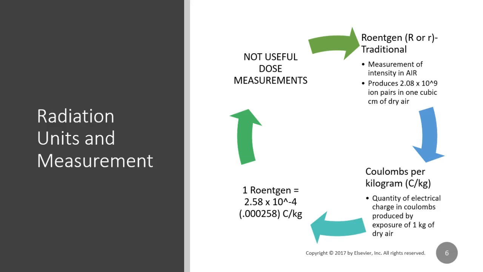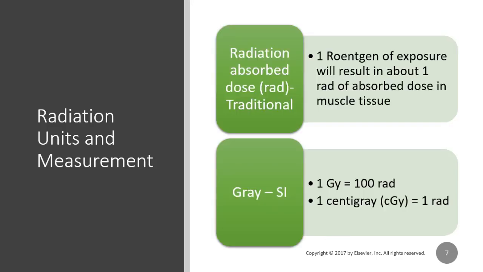So 1 Roentgen equals 2.58 times 10 to the negative fourth coulombs per kilogram. So it's not a useful dose measurement is the biggest thing. So if we're looking at dose, we're not using this. We're just looking at the measurement of intensity in the air, then that's what we're talking about, either the Roentgen or the coulombs per kilogram.